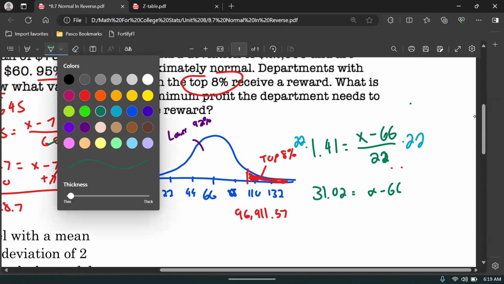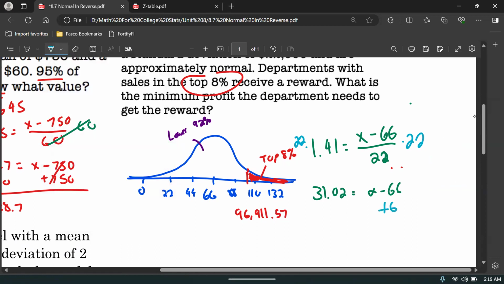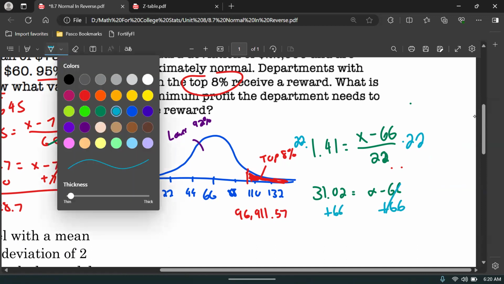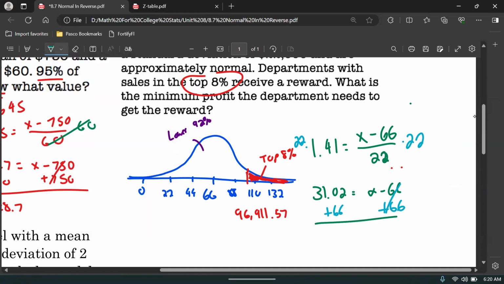So then, of course, we'll add the 66 and get our final answer. We get X equals 97.02, which again, remember, is in the thousands. So that really means $97,020 basically.